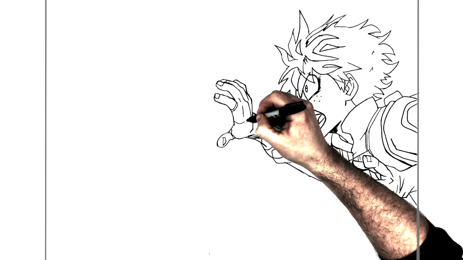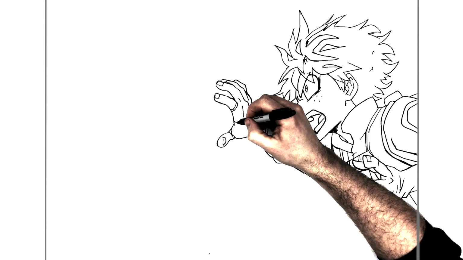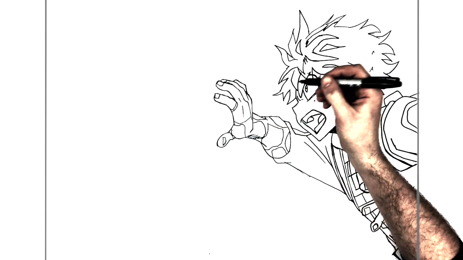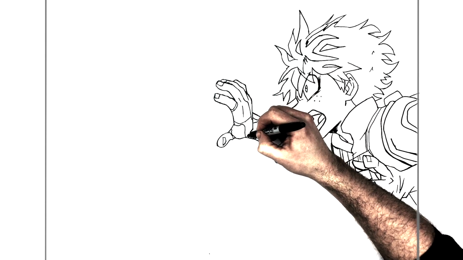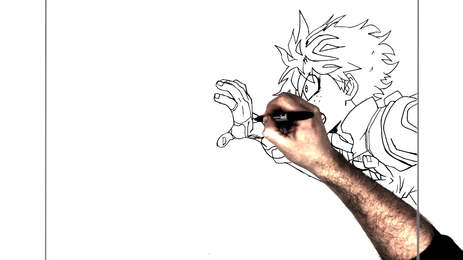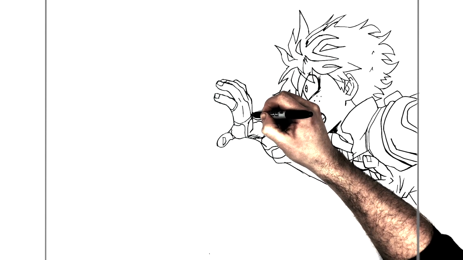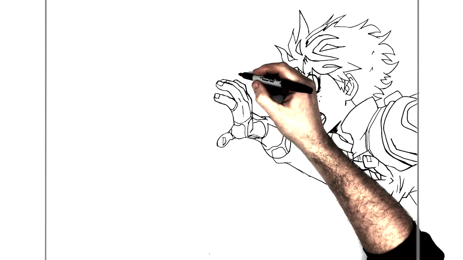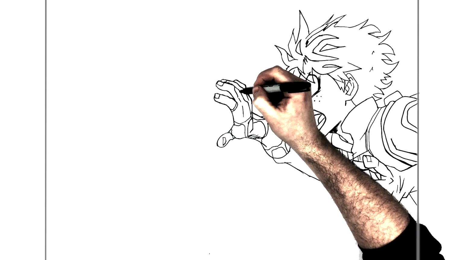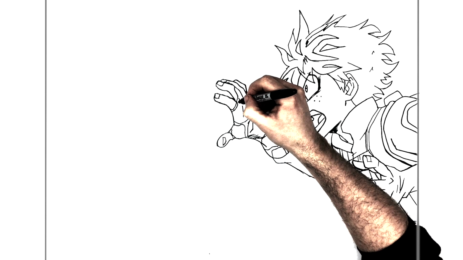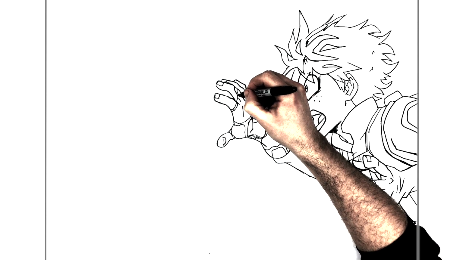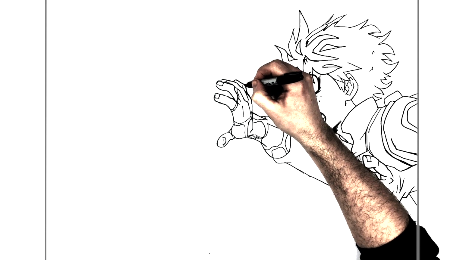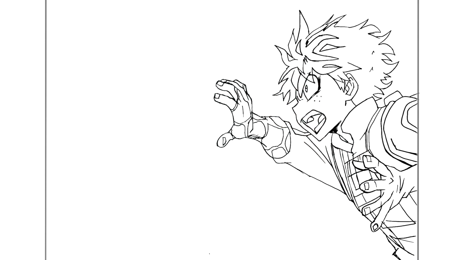So here, so in here, coming down. So it just looks like a webbing that's on his skin. That's what you're going for. Yeah, I think that's enough.